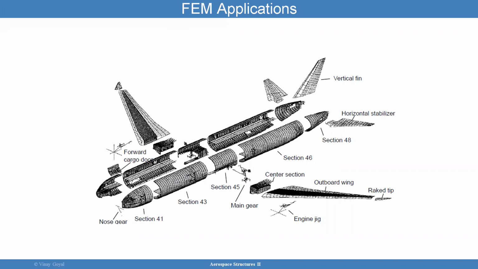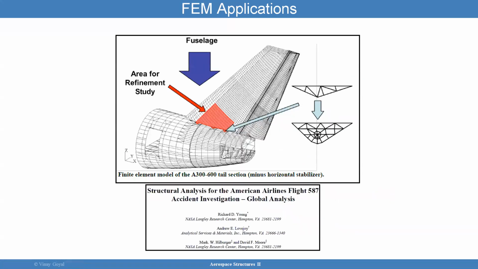So person A works on the wing, person B works on the tail, and you want a way of connecting everything together. So there is some amount of coordination to make sure that the models can be assembled into one big model, because as I will discuss later, dynamics becomes very important. We're going to derive loads based on dynamics and then apply those loads into static models to gain more confidence in what we're doing.